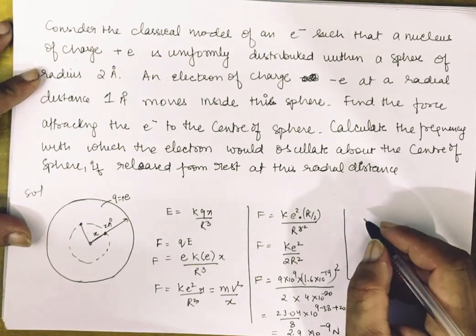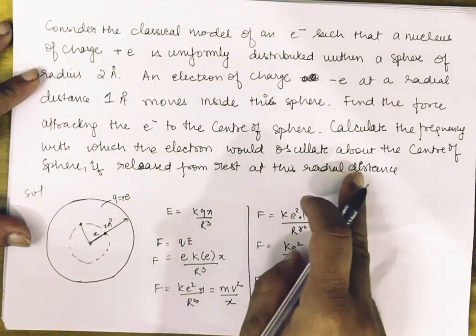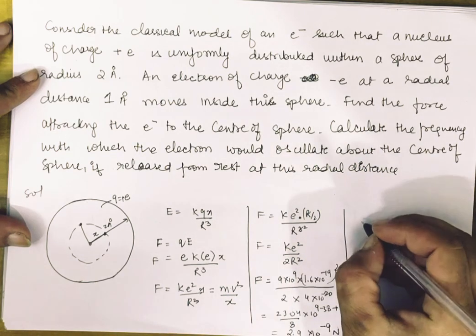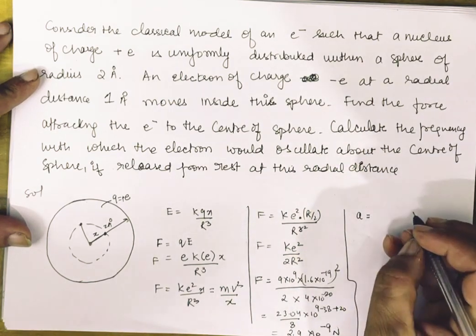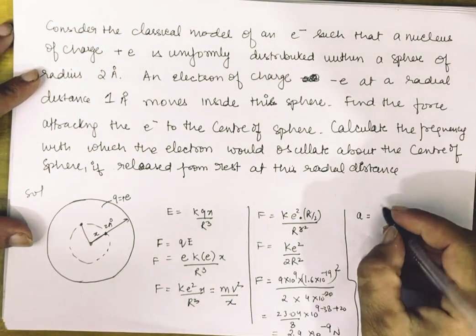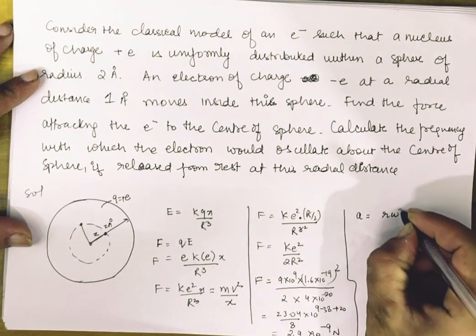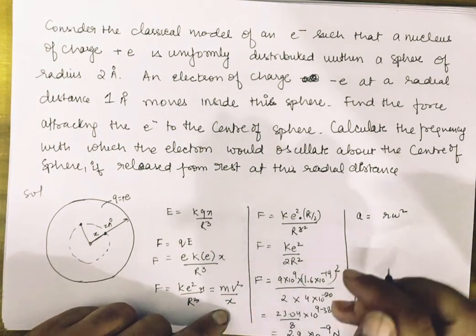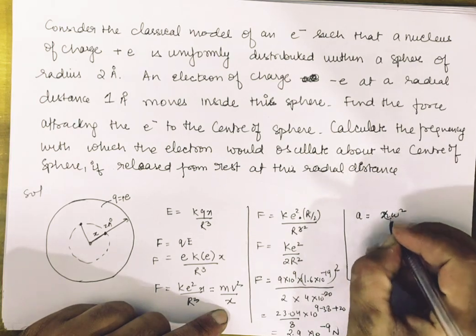Now we have to find the frequency with which the electron would oscillate about the center. For that we have to find the acceleration. So for acceleration we can use r omega square. Instead of writing mv square by x, we can also write r omega square or x omega square.